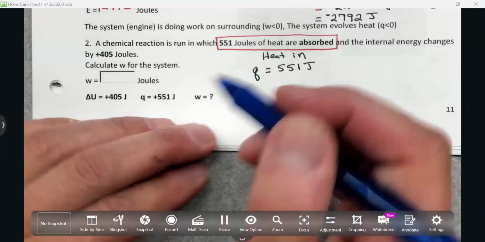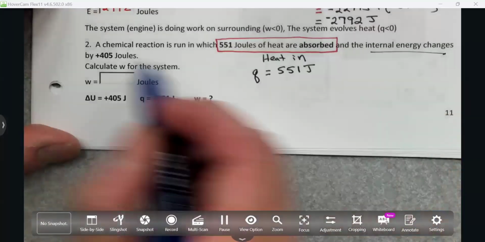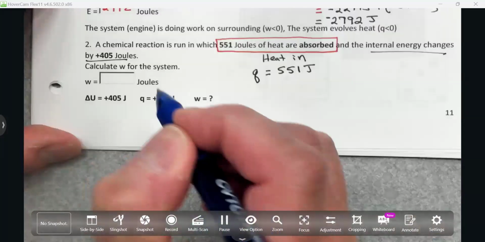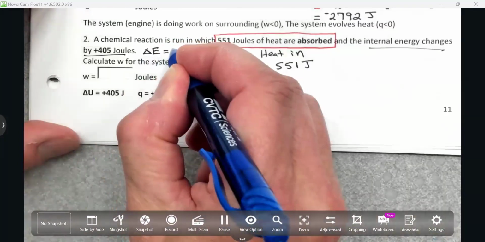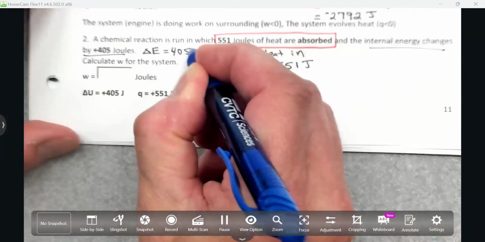All right. The internal energy changes by 405 joules. So my change in energy is 405 joules.